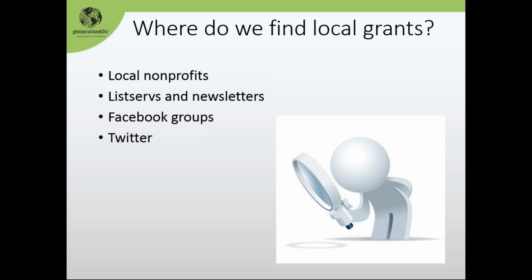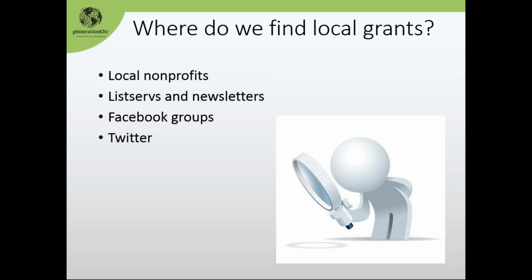You want to make sure that you get onto their listservs, you receive their newsletters, join their Facebook groups, and follow their Twitters. Because grants run in cycles, and generally there aren't many grants that are just open and money is accessible all the time. But you want to make sure that you are in the different chains of communication, so when grants do open up, you are aware of them. So first, you have to figure out who might be giving grants away for the social issues that you really care about.